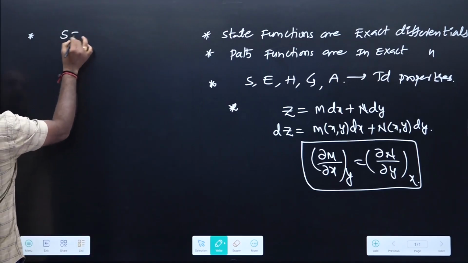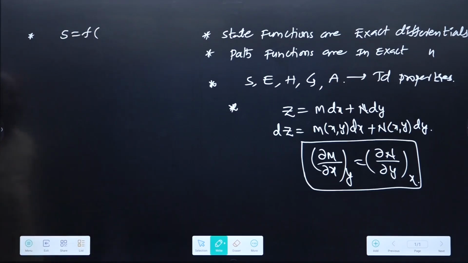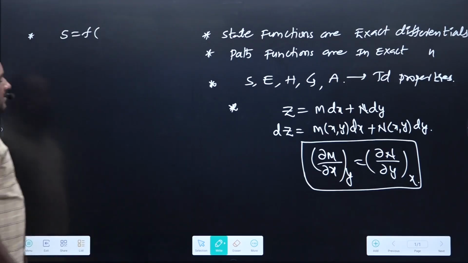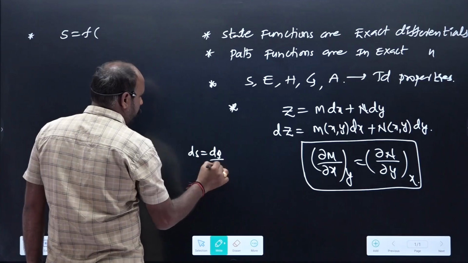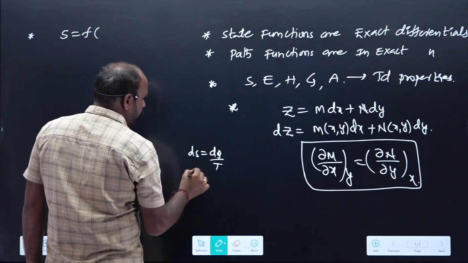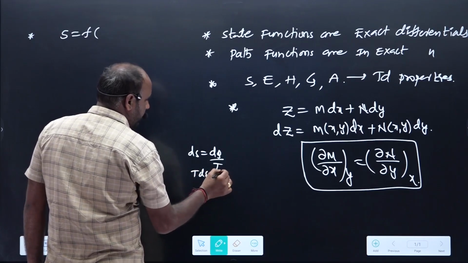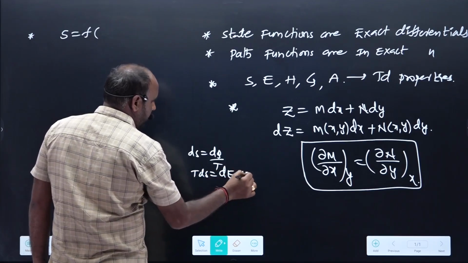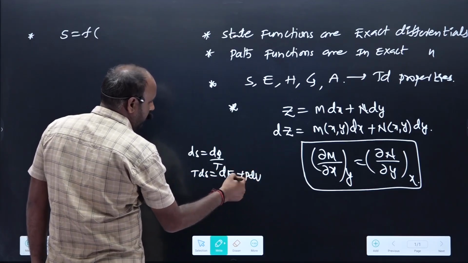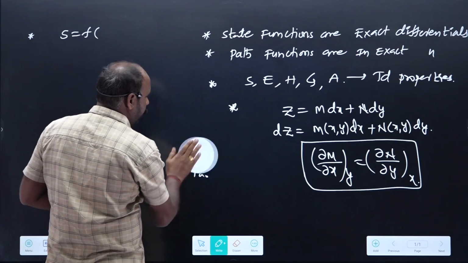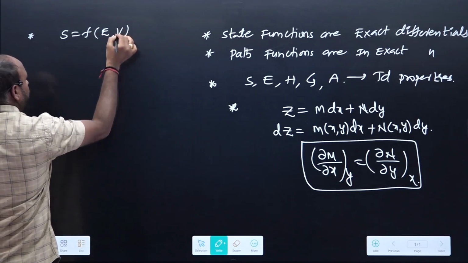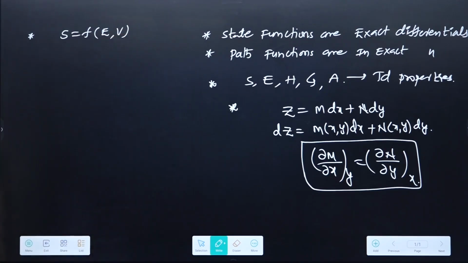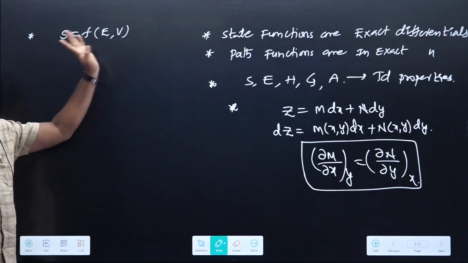S is a function of... ds equals dq by T, so T ds equals dE plus p dV, in E and V. Therefore S is a function of E comma V. S is a function of E comma V. E means internal energy, V is volume, right?